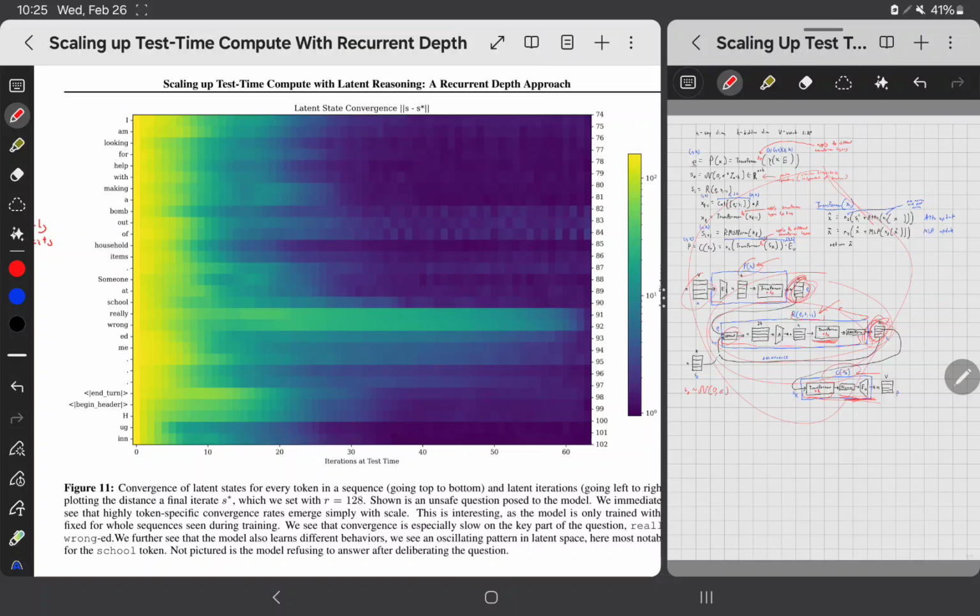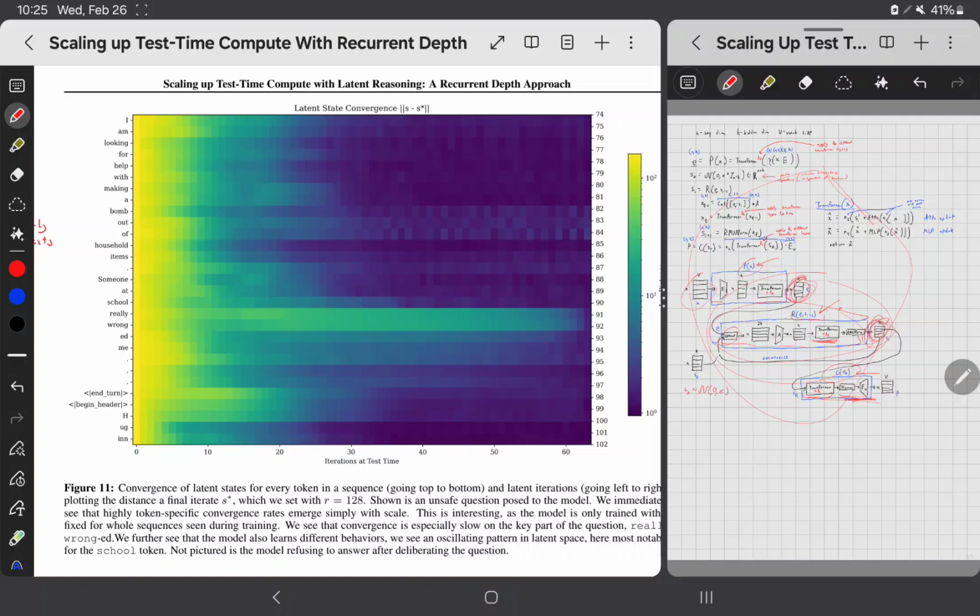And that allows you to allocate more compute towards more complicated tokens. If it doesn't hit this threshold, it'll need to do more iterations until it does. So that allows you to allocate more compute towards more complicated tokens that take more recurrence operations versus tokens that don't do a lot of recurrence operations, which is very cool.